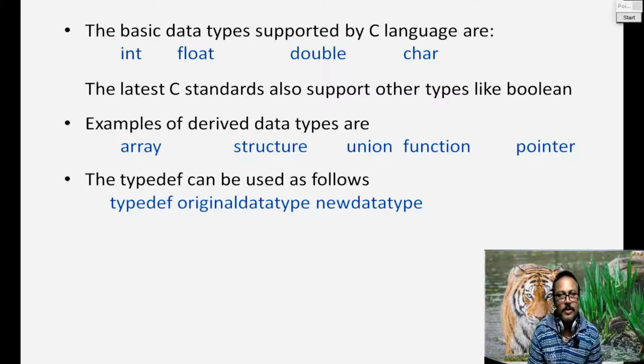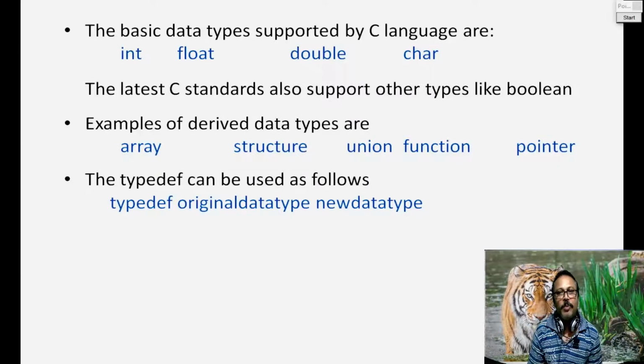Examples of derived data types are array, structure, union, function, pointer. Array is a collection of data of the same type. Structure is a collection of data of different types. Similarly with the union.